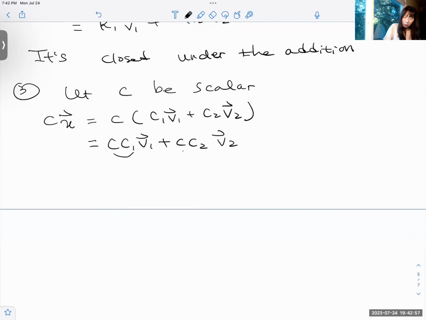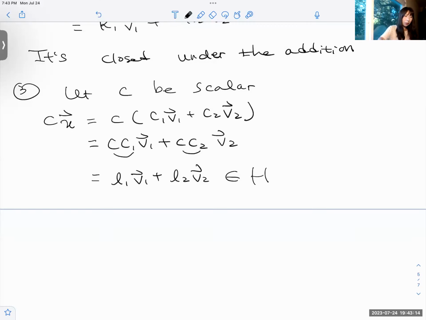Now we can express this as L sub 1 V1 plus L sub 2 V2, right? Which is a linear combination, so this is in H as well.